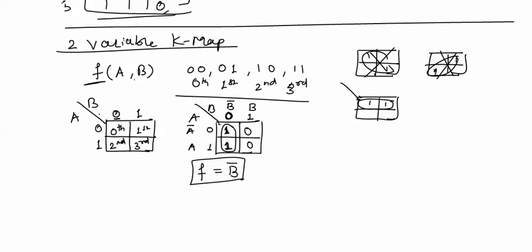Now in the K map we will have to make the pairing. The pairing can be of 1, 2, 4, 8, 16 depending on the K map. In two variable K map the pairing can be of 1, 2 and 4. We'll take some examples and then go for the bigger K maps.